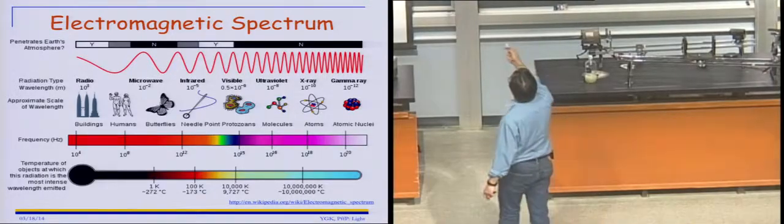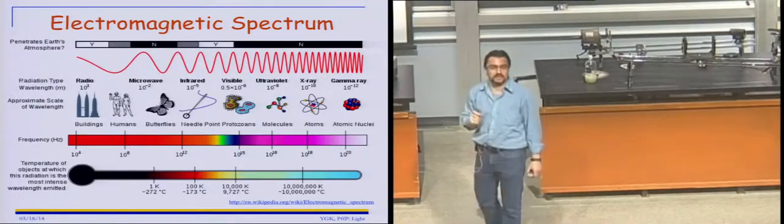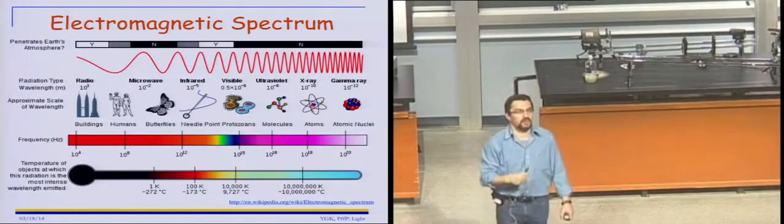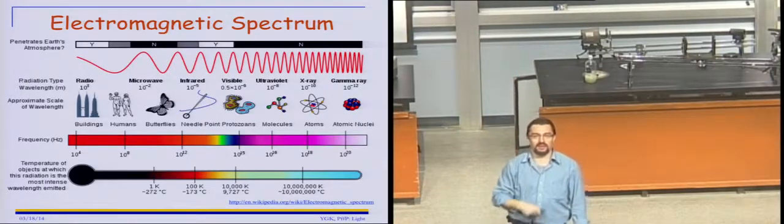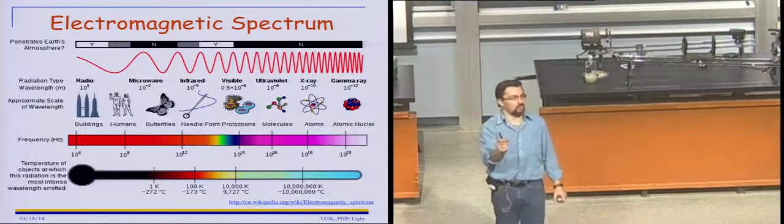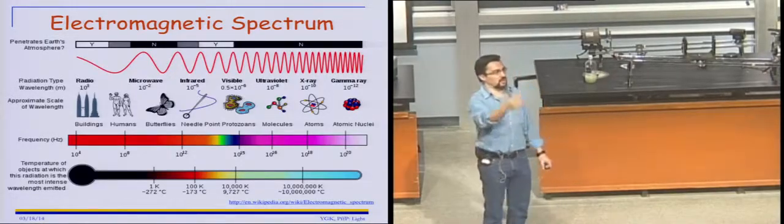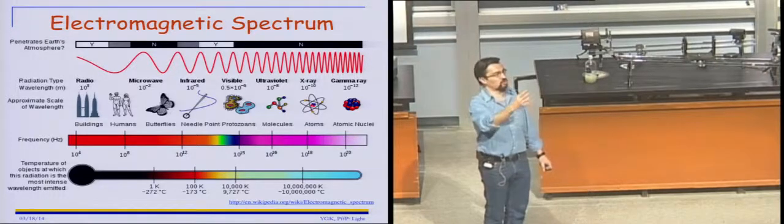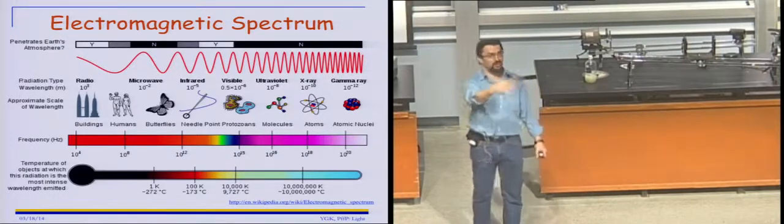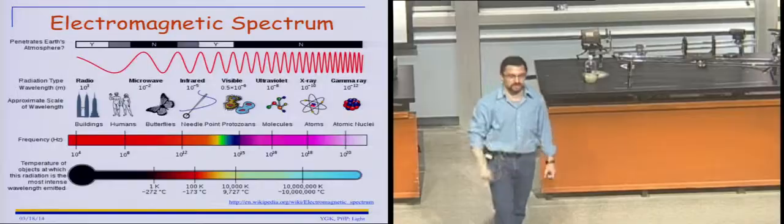So if you want to look at objects that are of a certain size, you typically would pick radiation of wavelengths smaller than those objects, so that those objects can actually cast a shadow, and you can deduce that the objects were in the way by observing the intensity variation, by observing shadows.